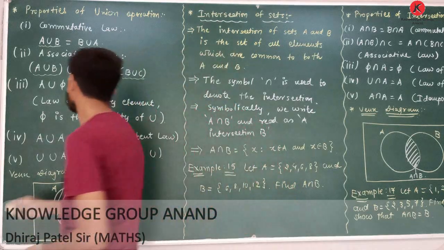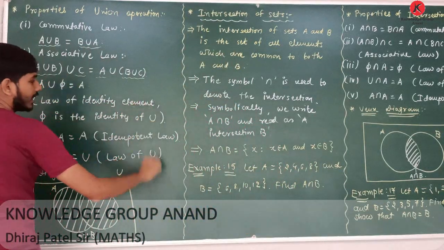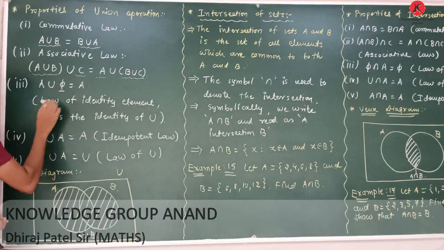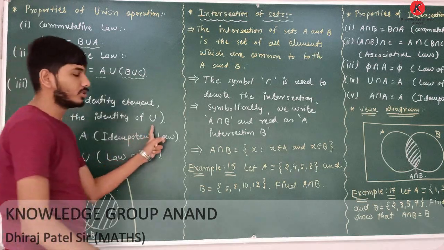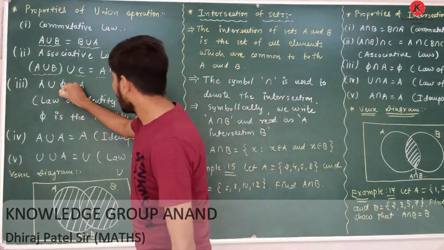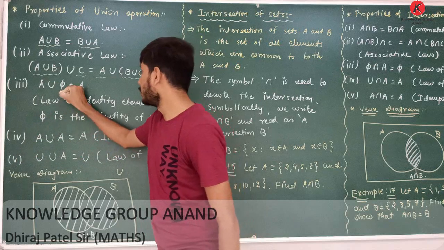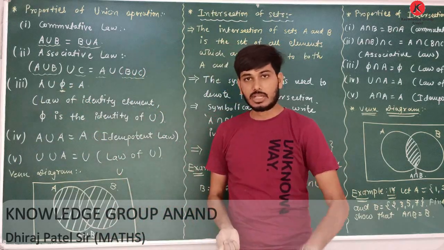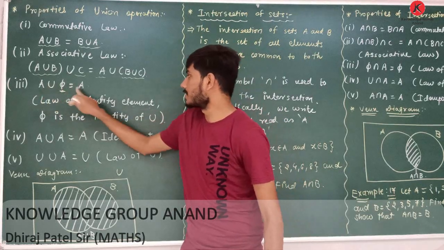This is the law of identity element. Here, phi is the identity element of union operation, because when we find the union with phi, we get the set itself.